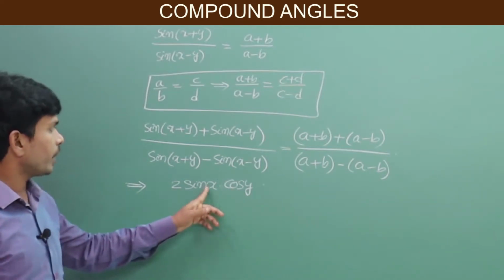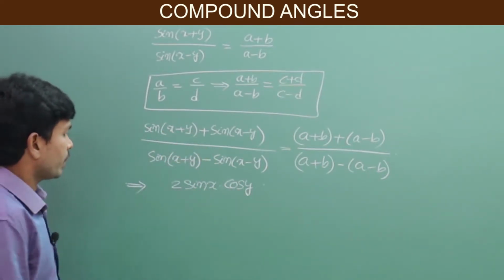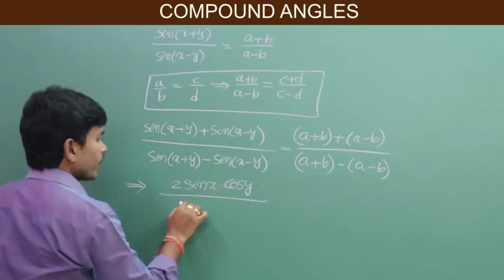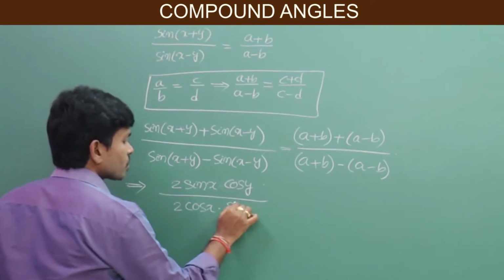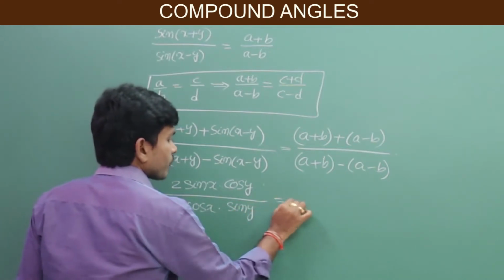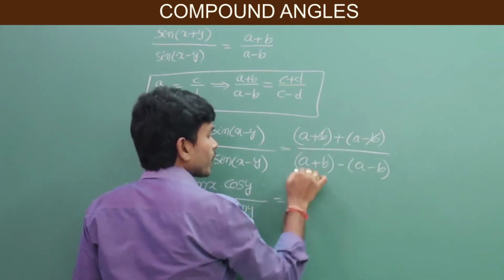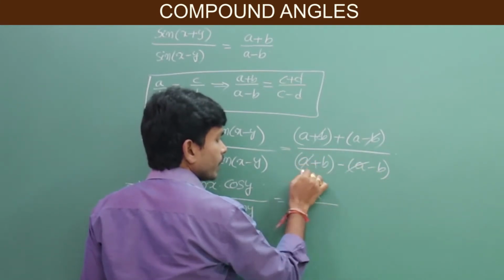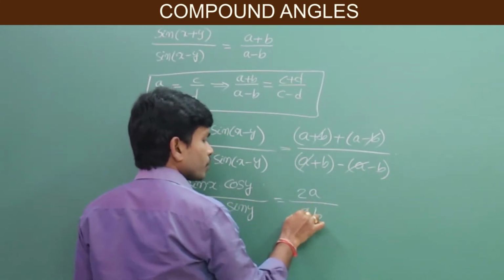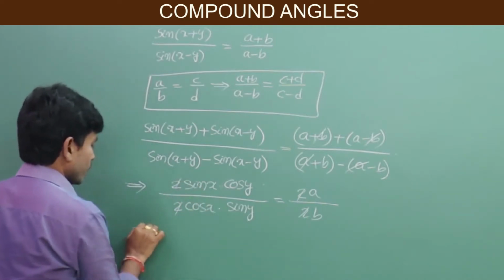What is the value of A? x. What is the value of B? y. So here, what did you get? 2 sin x cos y, equal to, observe this side, b gets cancelled, 2a. Here minus a cancels, we get 2b. 2 gets cancelled.